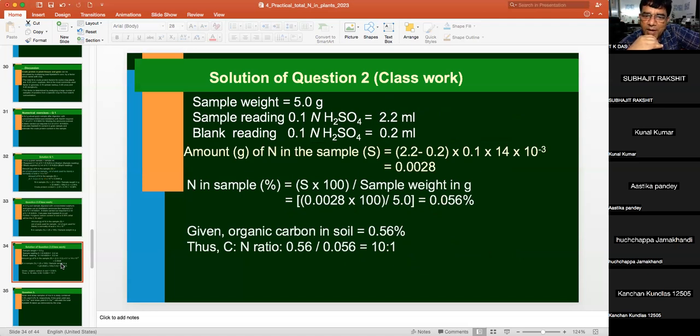Sample weight was 5 gram, so therefore you can convert into percentage, which he correctly calculated as 0.056%. Now carbon percent was given to you, which was 0.56. So 0.56 is to 0.056, you can get 10:1.